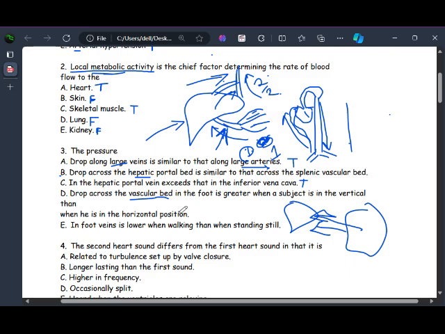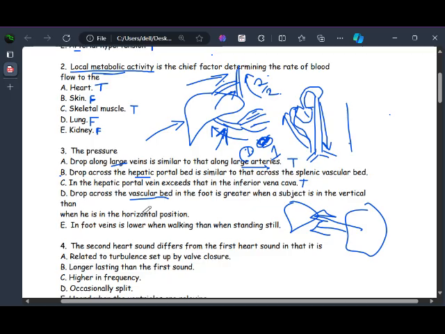The true part of this statement is that pressure will increase when the subject is in the vertical position, basically standing, than in the horizontal position, maybe lying down.